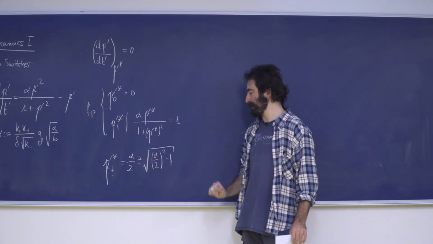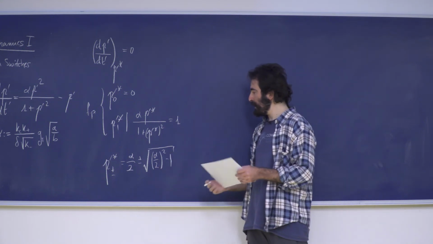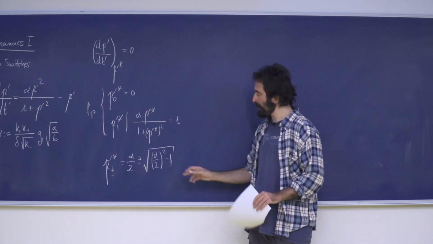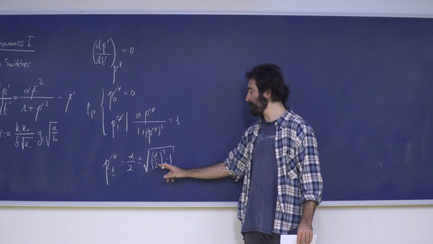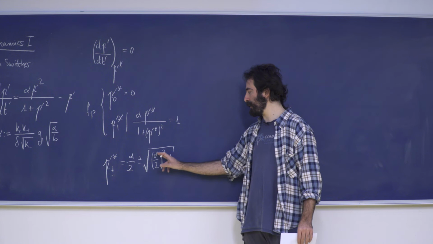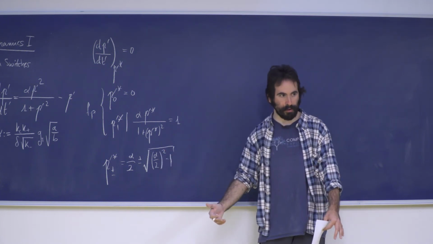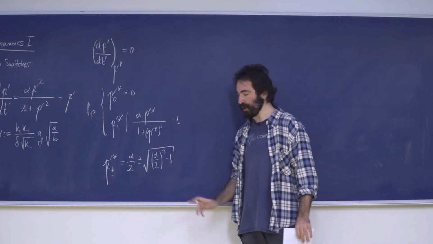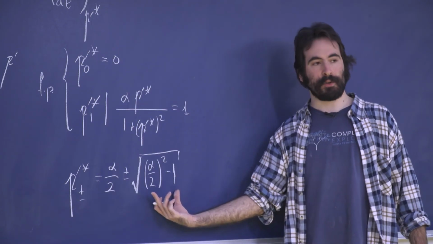However, if alpha, that's what I was hinting at before, if alpha is smaller than 2, this is going to give me something that is smaller than 1, which squared is still smaller than 1. When I subtract 1 from that, I get a negative value in the discriminant of this square root.